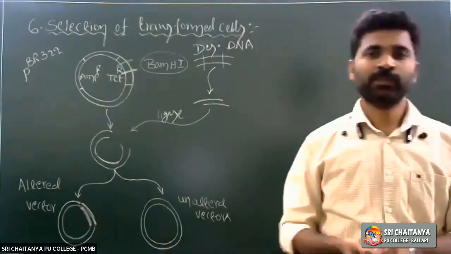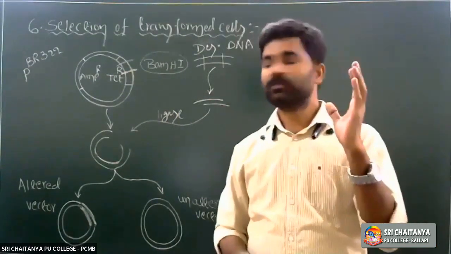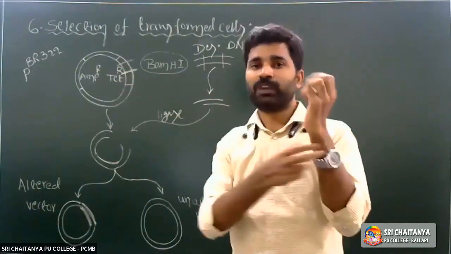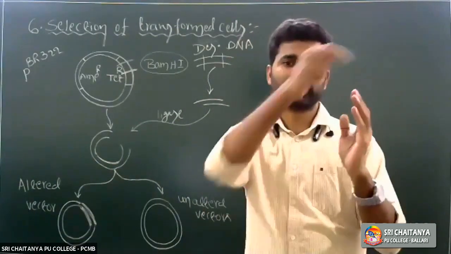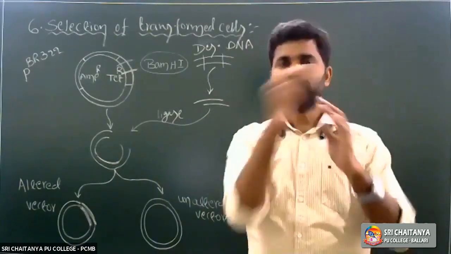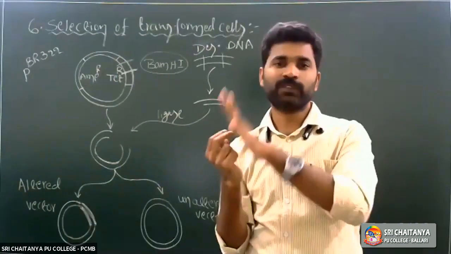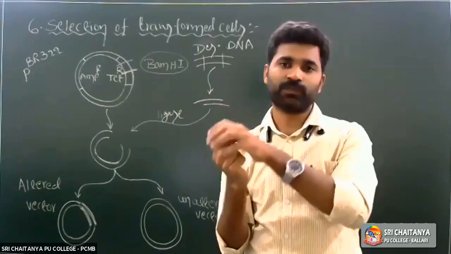Don't get confused here. In one test tube, we collected pBR322 vectors, for example 100 of them. In another test tube, we collected approximately 50 foreign DNA segments.